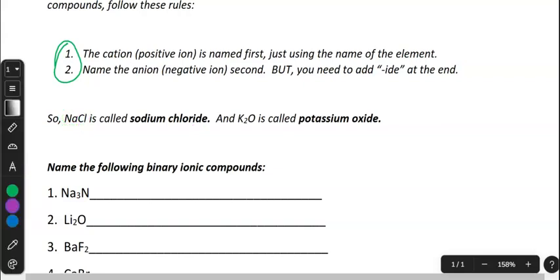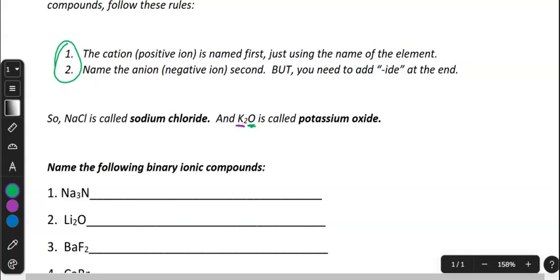The name for K2O is simply potassium oxide, where you name your cation, that's on the left, that's potassium, and then you name your anion, which is oxygen, but remember you have to add IDE at the end, so that's going to be potassium oxide.